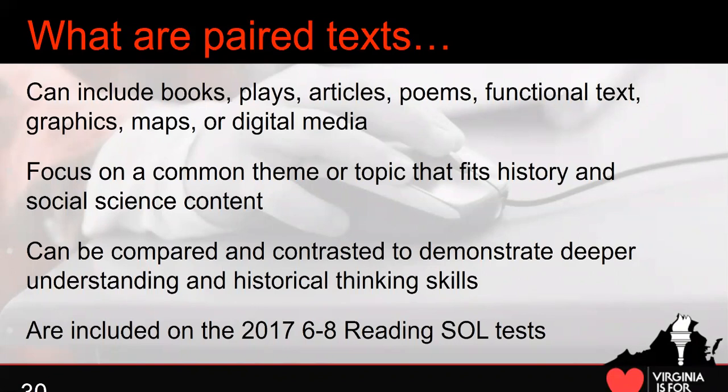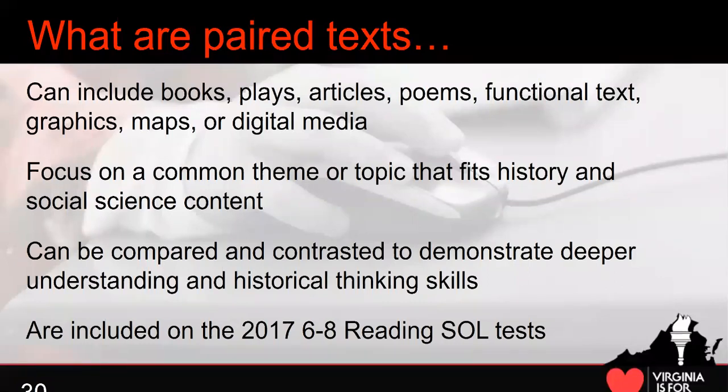In history, we're lucky because we have access to all these amazing infographics and maps and images and political cartoons and music that can be paired with a primary source document or a secondary source document, maybe a current event item, to form a really powerful thematic set of text.